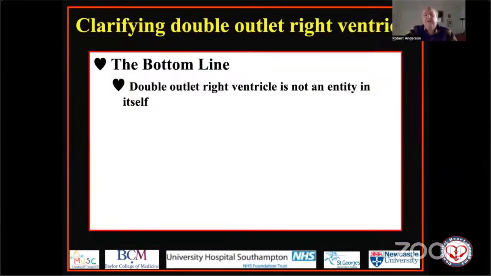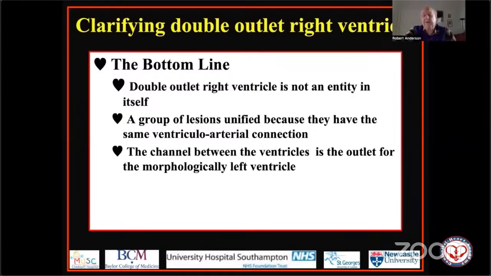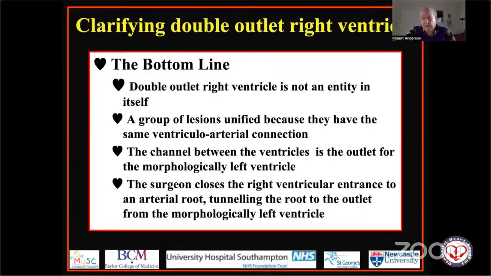So we can put everything together, and I think we can clarify the situation by showing you that double outlet right ventricle is not a phenotypic entity in its own right. Rather, it is a group of lesions unified because they share the same ventriculo-arterial connection. The key point: that channel between the ventricles is the outlet for the morphologically left ventricle. It is a communication between the left ventricle and usually one or other of the arterial roots.